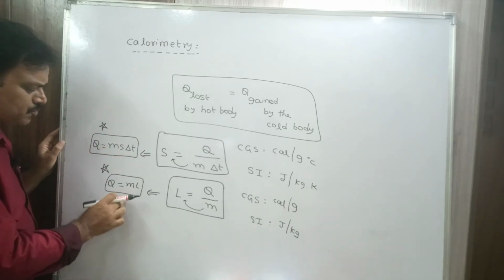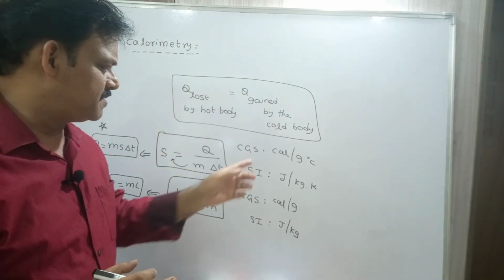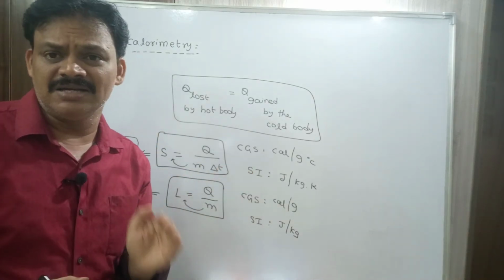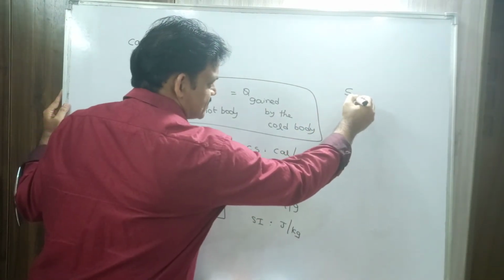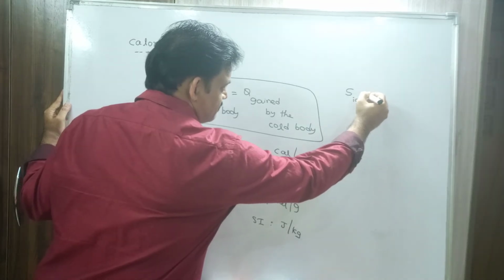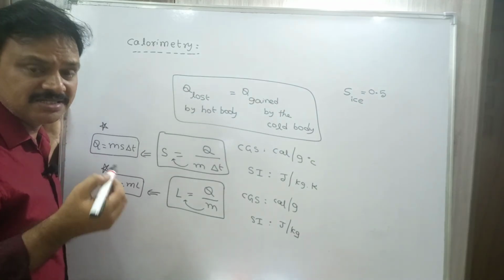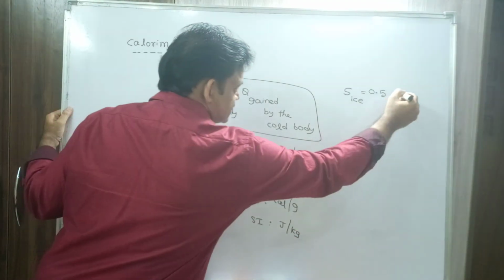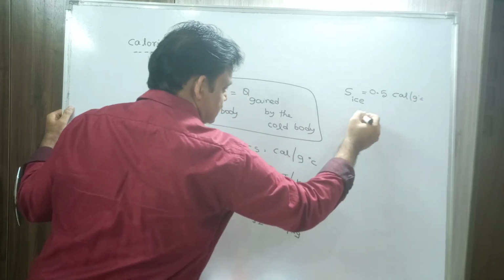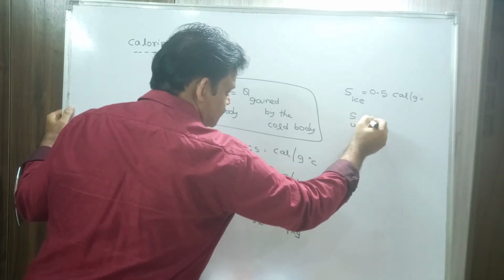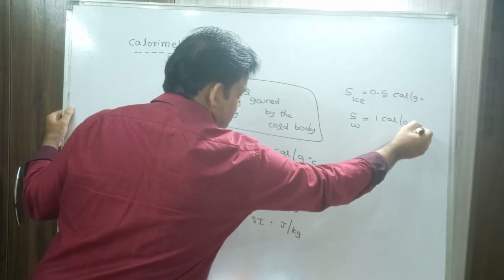You need to remember these two expressions. One more thing, you need to remember 4 values, the specific heat and latent heat values of ice and water. So what is the specific heat of ice? It is a fixed value. You need to remember it is 0.5. That is in CGS units, meaning calories per gram degree Celsius. And the specific heat of water, a fixed value, is 1 calorie per gram degree Celsius.